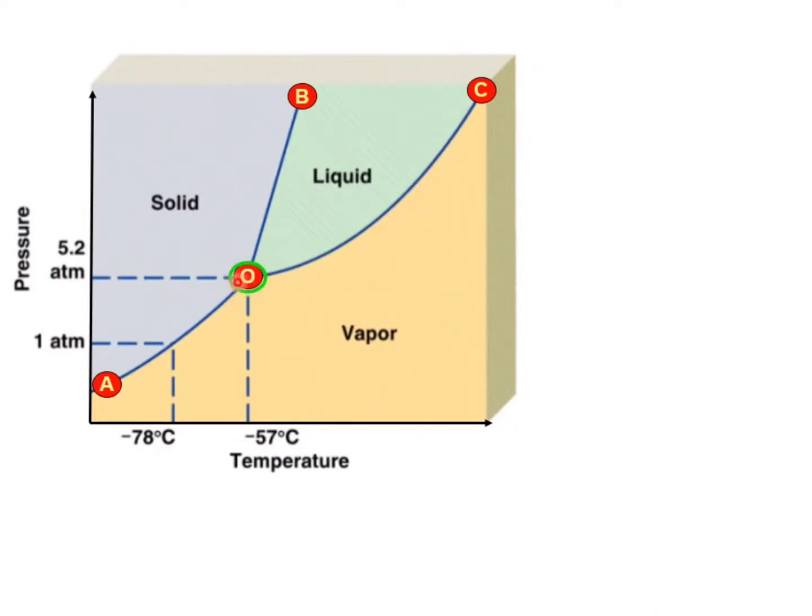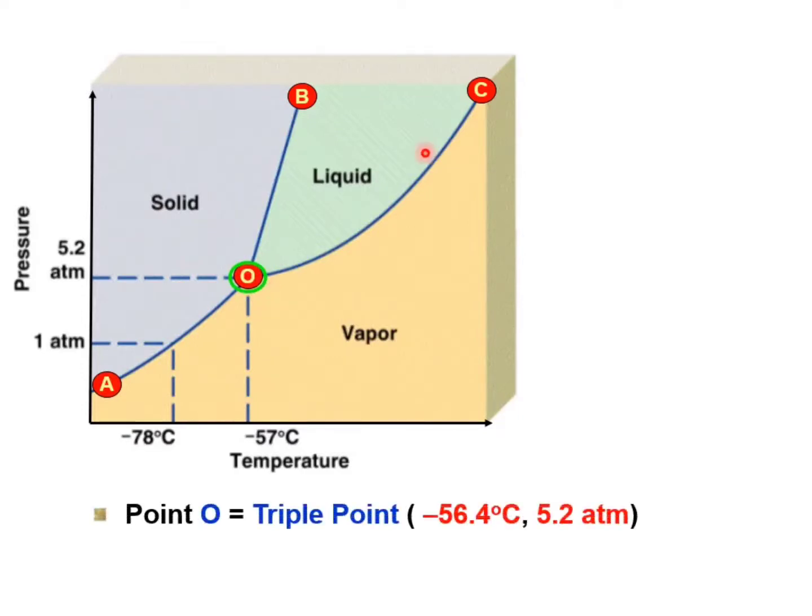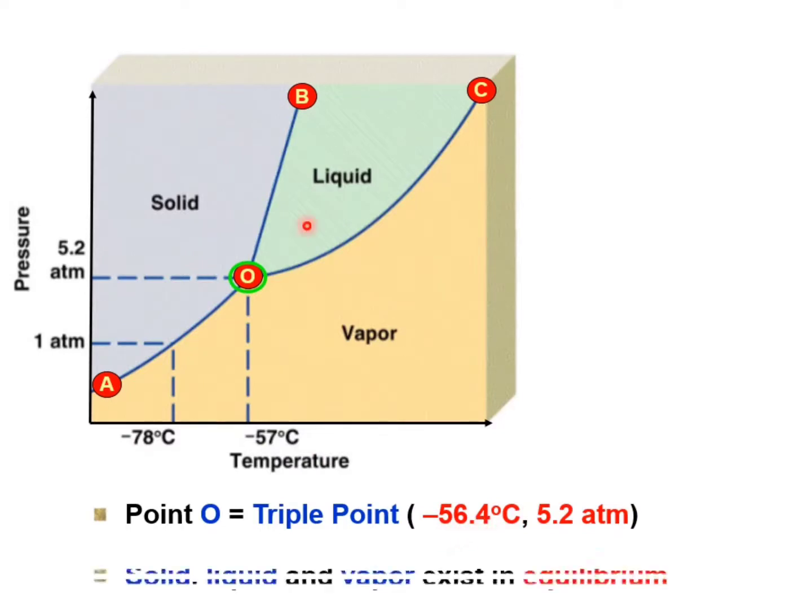Okay, next we look at the point O. Still remember what is point O here? Yes, so this is triple point. So the triple point of carbon dioxide is fixed at 5.2 atm, the pressure, and the temperature is negative 57 degrees Celsius, or if more specific, the temperature should be negative 56.4 degrees Celsius.